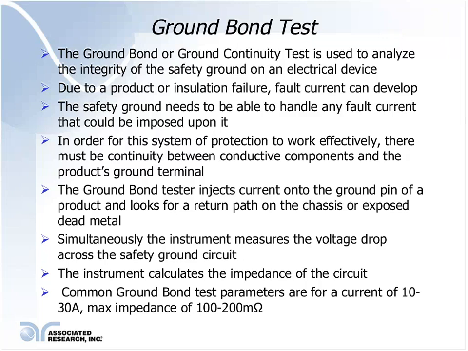Therefore, a low impedance path to ground will allow the circuit protection device such as fuses or circuit breakers on the input to react immediately to protect the user from dangerous electrical shock. In order for the system of protection to effectively operate, there must be continuity between conductive components and the product's ground pin or the ground terminal.